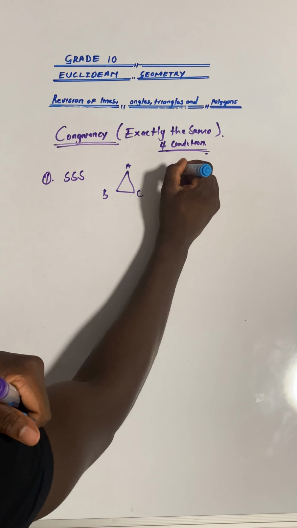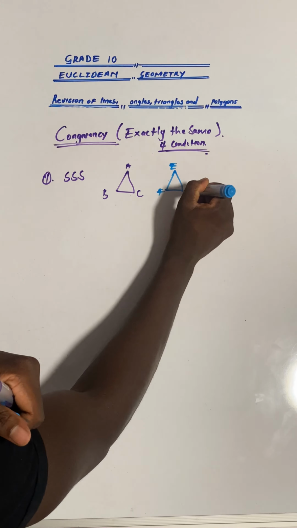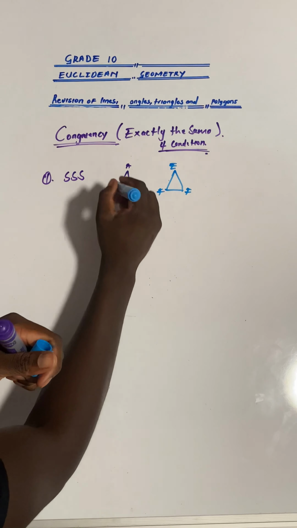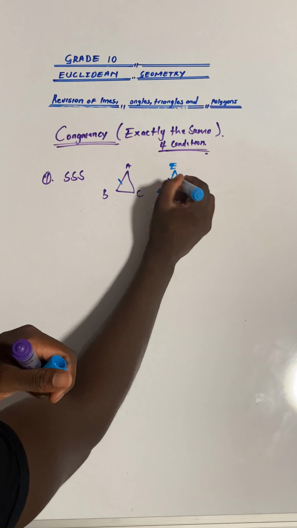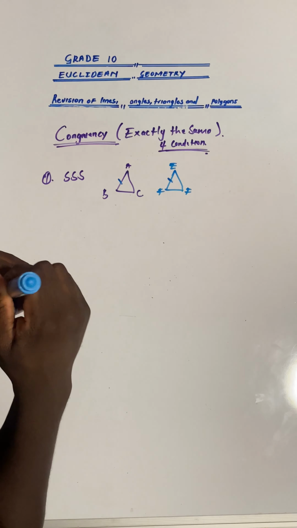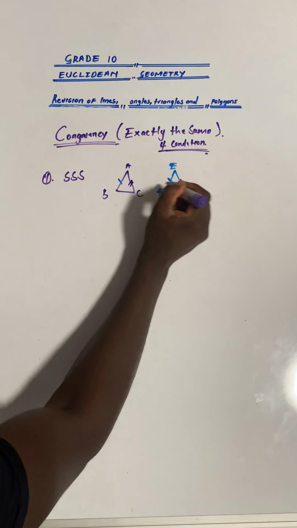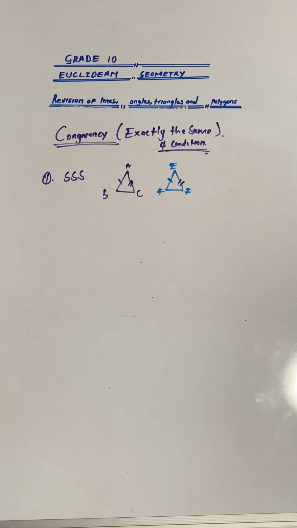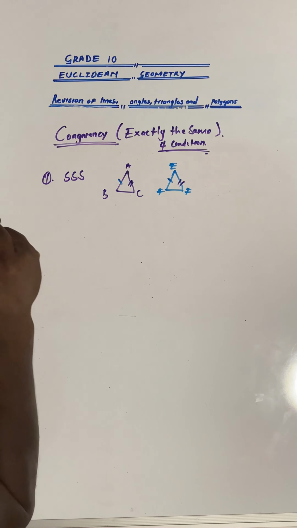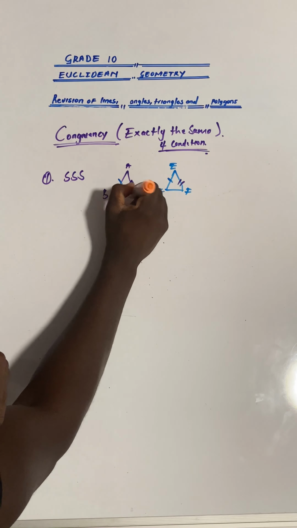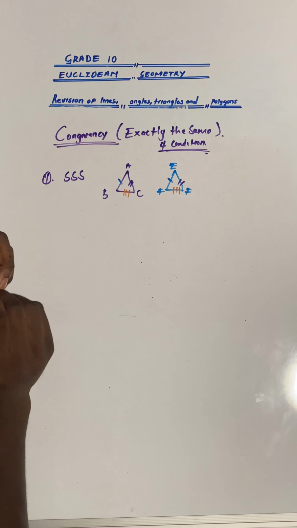Let's say this is E, F, G, right? So if we can maybe have something like this, let me change the color there, something like this, and maybe let me change the color for the third one, something like this, right? So what does this mean?